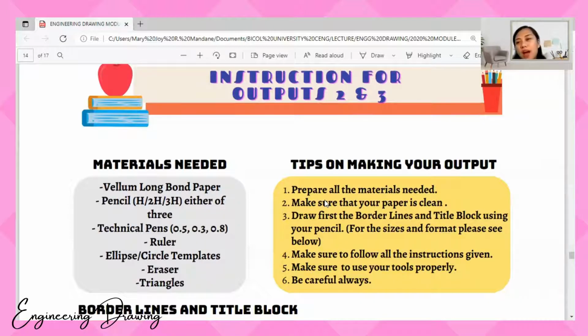A ruler, or a T-square if you have one, ellipse and circle templates, eraser, triangles, and compass. Sorry that the compass isn't listed there, but the compass is necessary, and the triangles. You need to prepare all the materials.